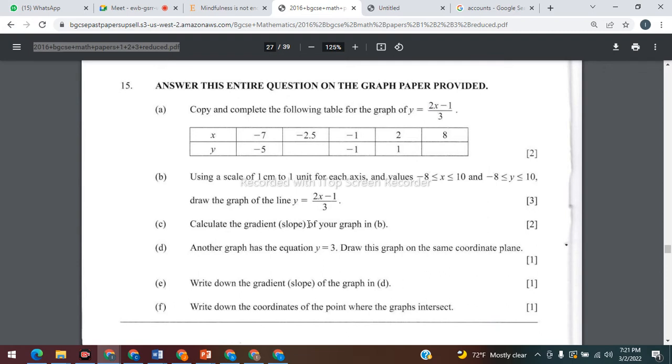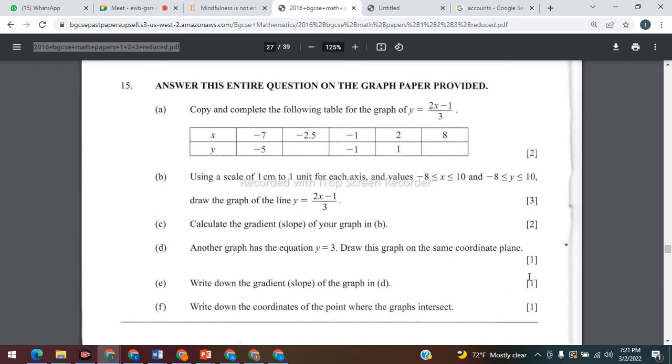We found the slope. We determined how to draw the line y is equal to 3. That's simply a horizontal line. We saw the slope of this, and we wrote down the coordinates. Notice how many points you get for this. Let's count. This is 5, 6, 7, 8, 9, 10.